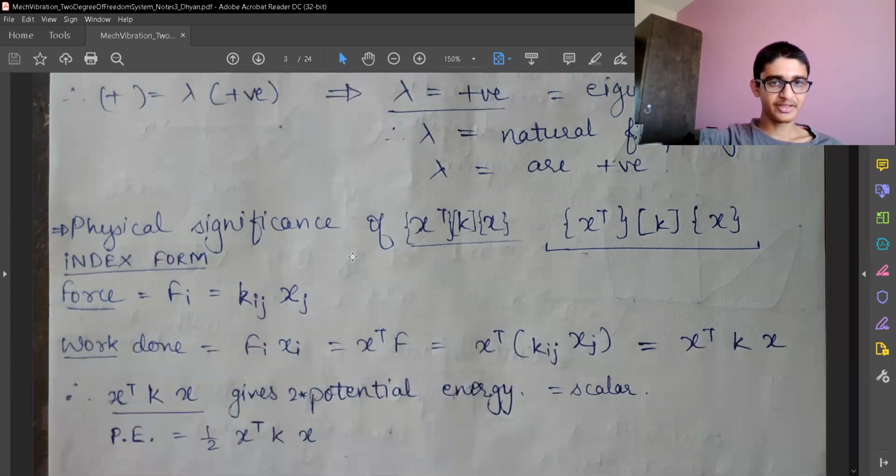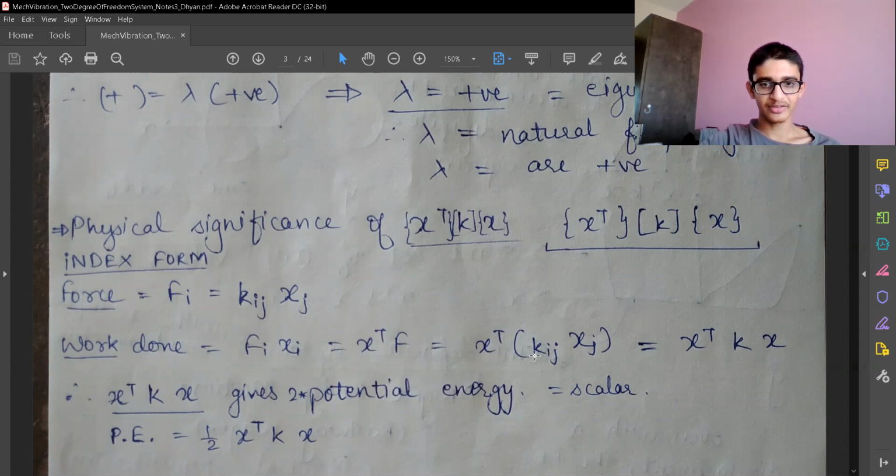Let's understand the physical significance of x transpose Kx. In index notation, we know Fi is equal to Kij into Xj, which I have said earlier. And we know that work done is Fi into Xi. So x transpose F is a scalar because work done is a scalar value.